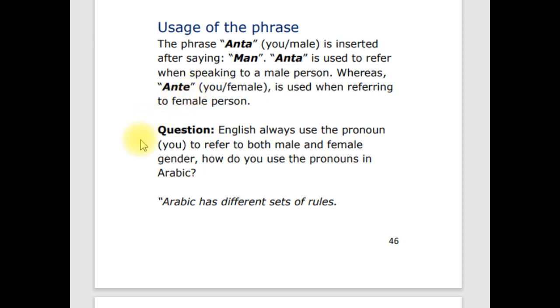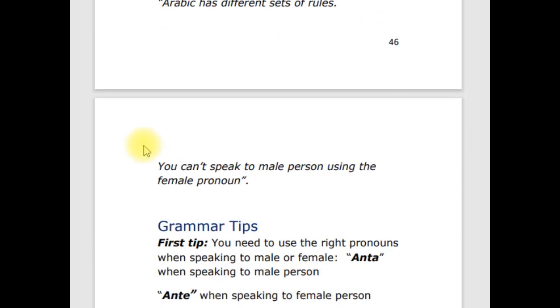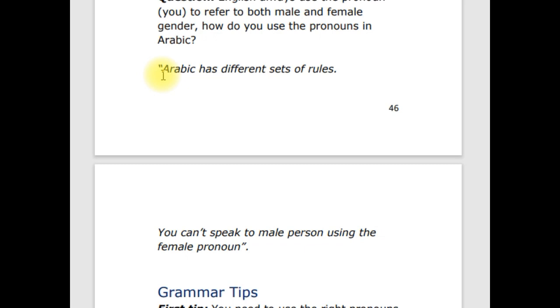Question: English always uses the pronoun you to refer to both male and female. How do you use the pronouns in Arabic? Arabic has different sets of rules. You can't speak to a male person using the female pronoun.